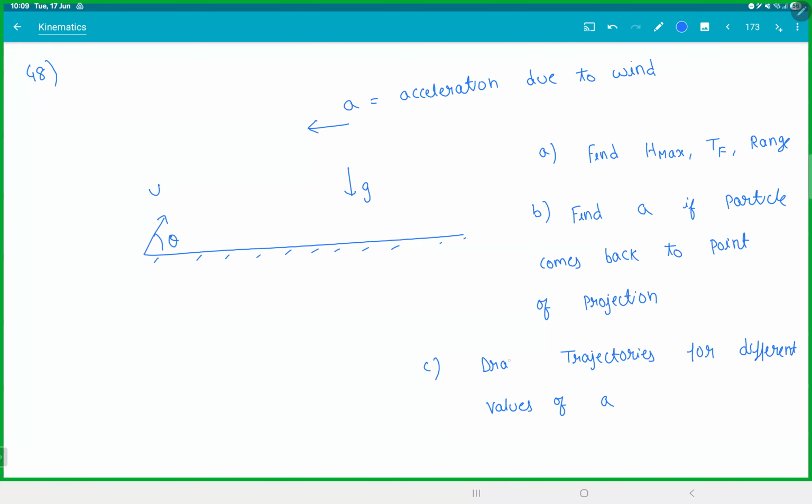Again, the wind and all look scary. It is not. If you remember what we have done, the derivation, it is manageable. Hmax and time of flight are easy. You can add them, right? Think. I'll give you a minute, then I'll tell you the first one.